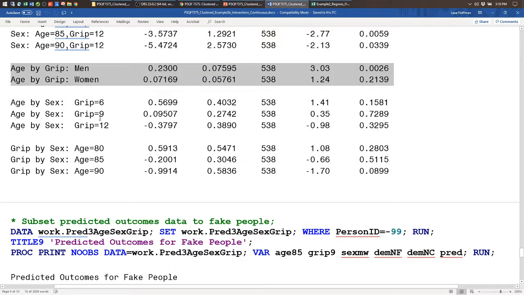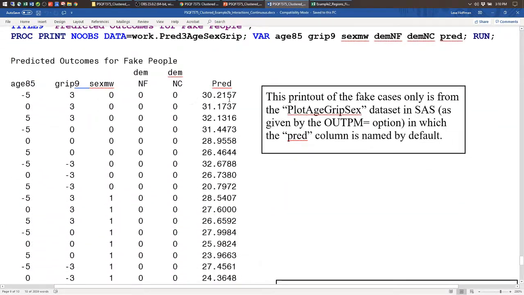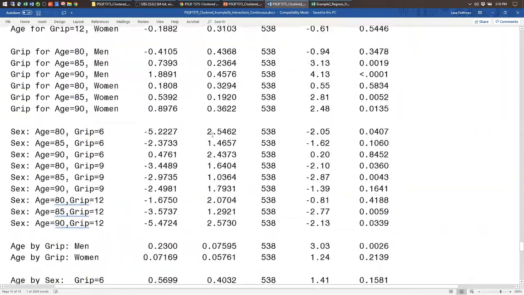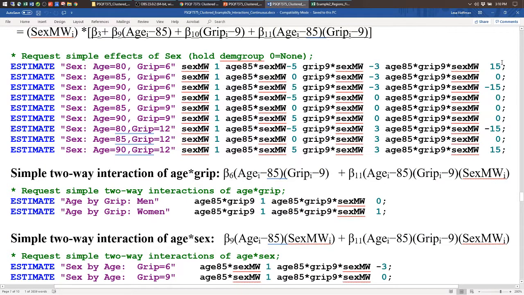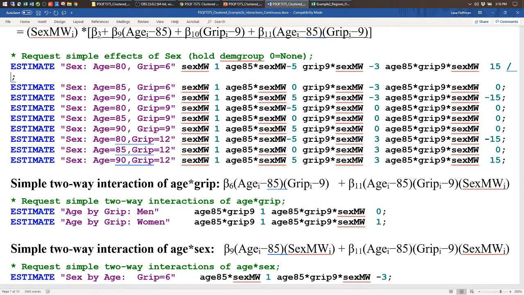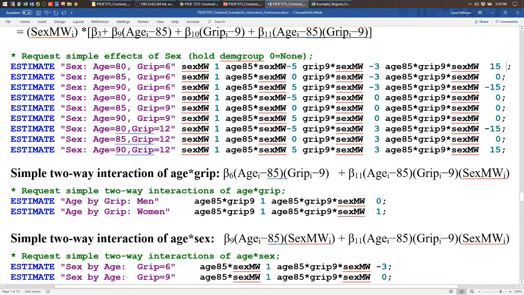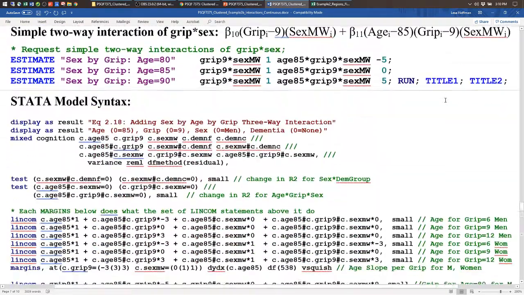So if I had estimate statements that generated just predicted outcomes, it would test those against 0 as well, in which case the p-value is probably not as helpful. For each of these statements, you can also add a slash and then the letters CL, and that gives you confidence intervals for each of those as well. I don't have them because I'm running out of room. That's the only reason. Stata, I believe, gives you them by default.